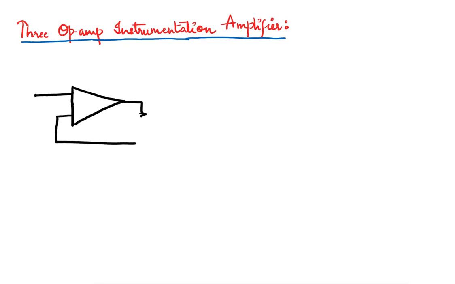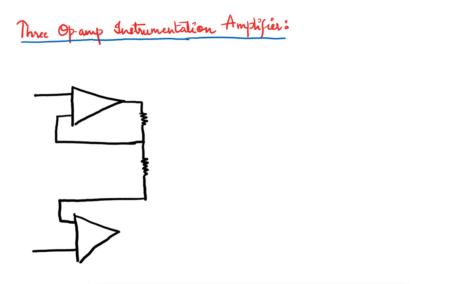The first two op-amps are configured as non-inverting amplifiers, whereas the third op-amp is configured as a difference amplifier.